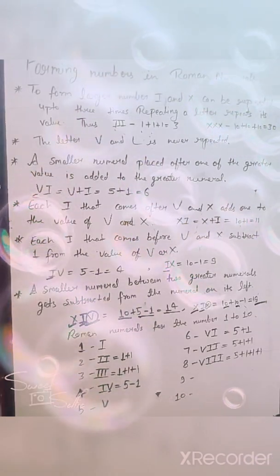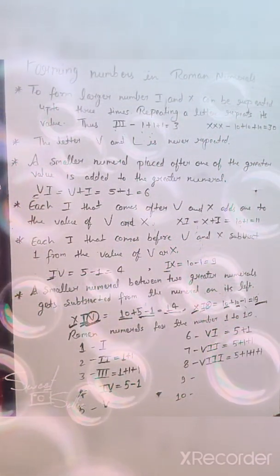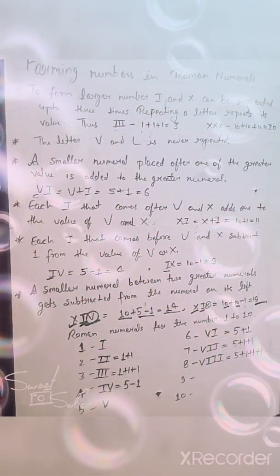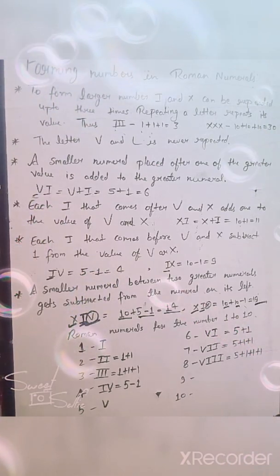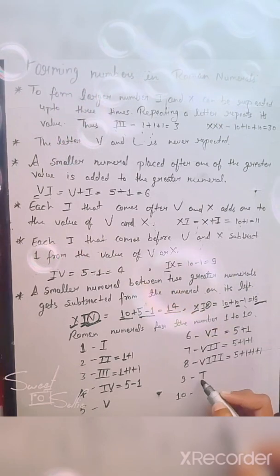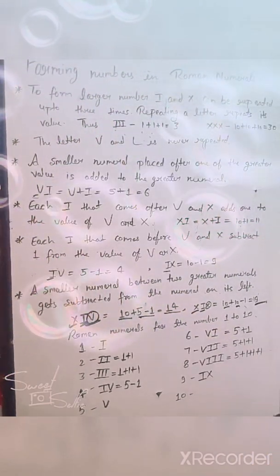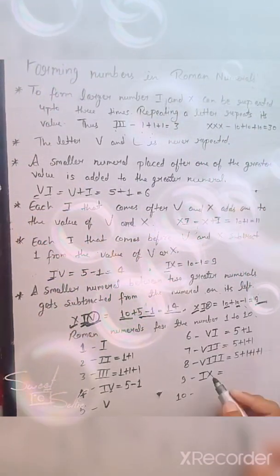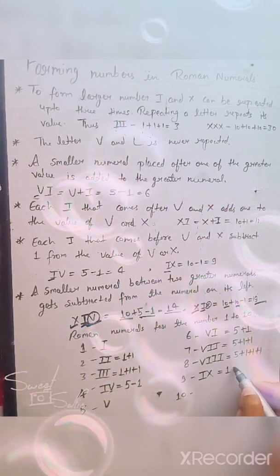And now can we write VIIII, means 4 times I? No, we know we can't write it. So what will we do here? Again we will write I and X, means I before X. So here I will be subtracted from X, means 10 minus 1.